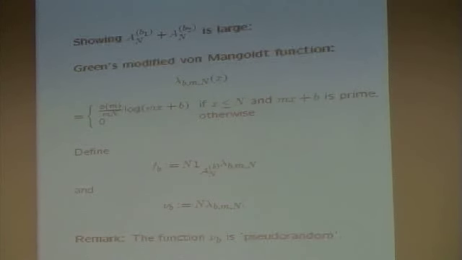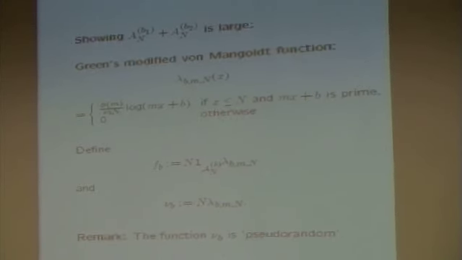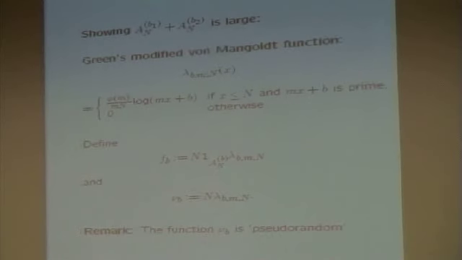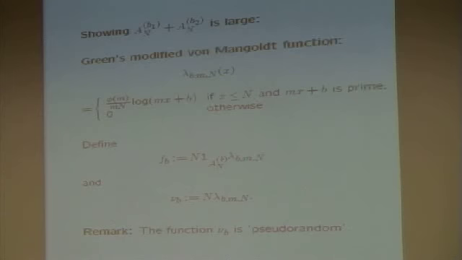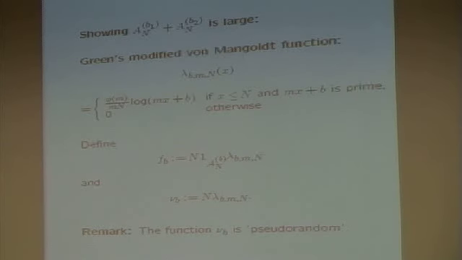In the last couple of minutes, I just want to mention how we show that the sumset of A_N^b1 plus A_N^b2 is large. Green has this modified von Mangoldt function, which is defined to be phi of m over m times N times the log of mx plus b if x is less than capital N and mx plus b is prime, and it's 0 otherwise.